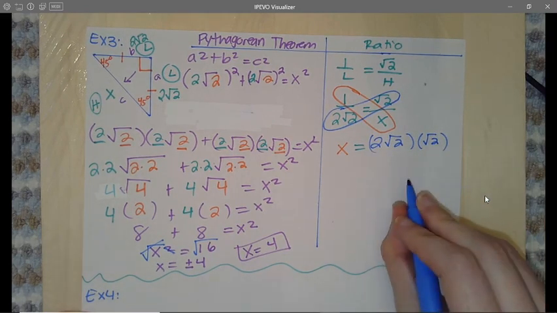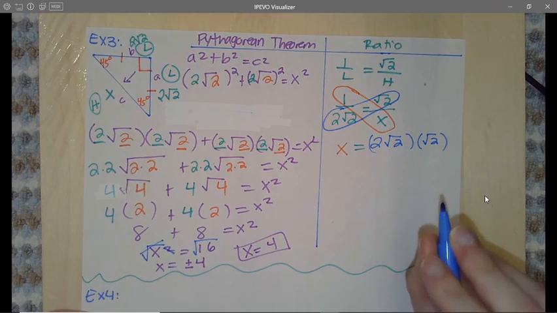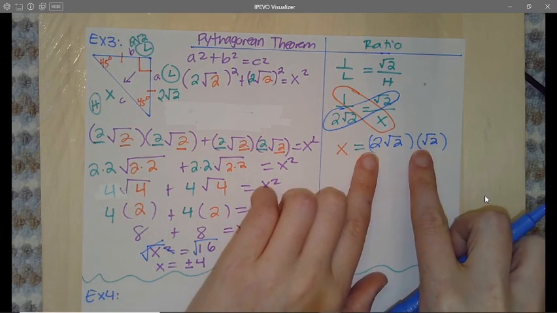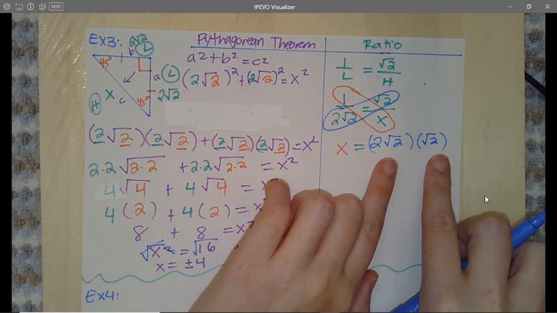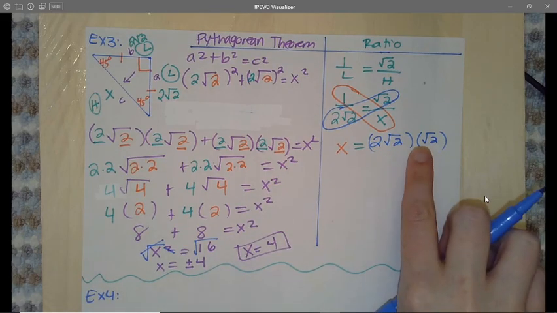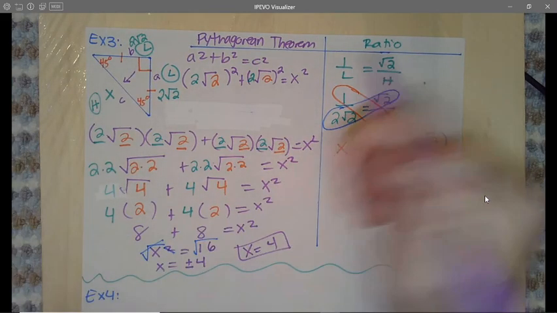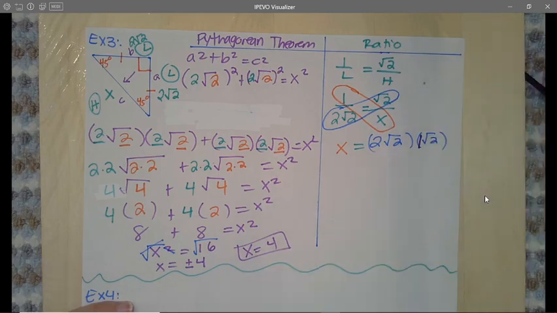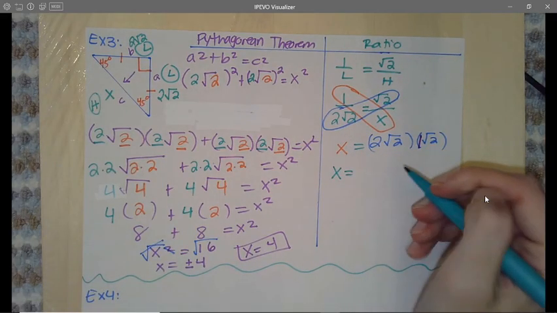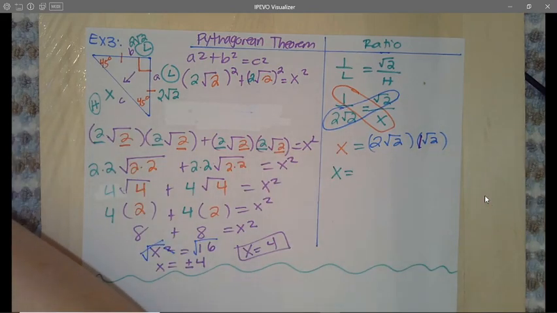Alright, so like before, again, we can only multiply the numbers in front of the square roots together and the numbers inside of the square roots together. Well, I don't see a number in front of the square root, which means there's secretly a 1. Okay, so when I set this up, it'll be x equals, okay, I'm going to multiply these two together.